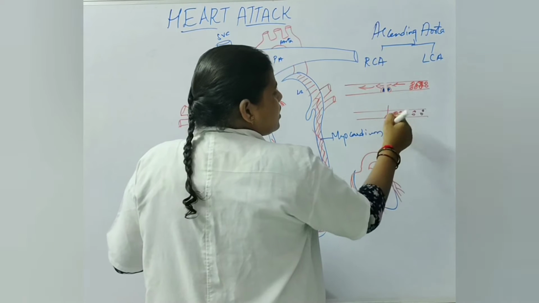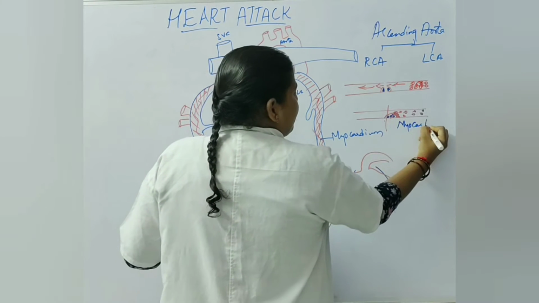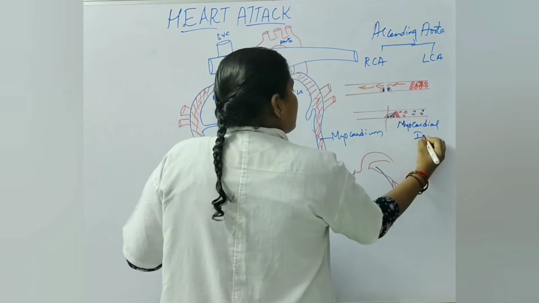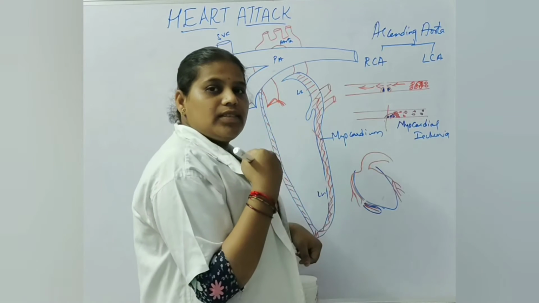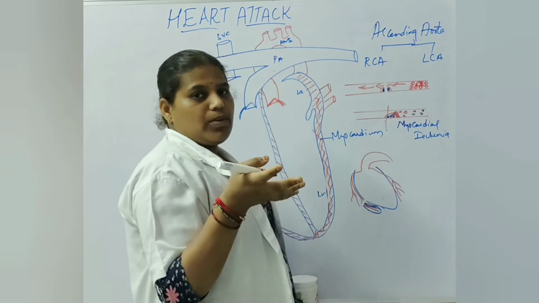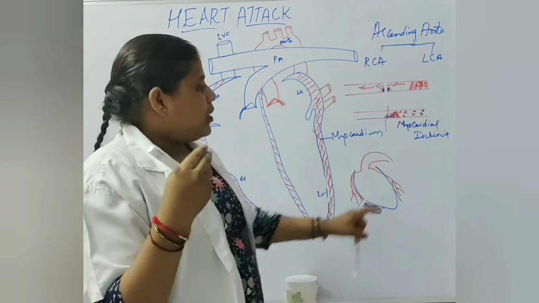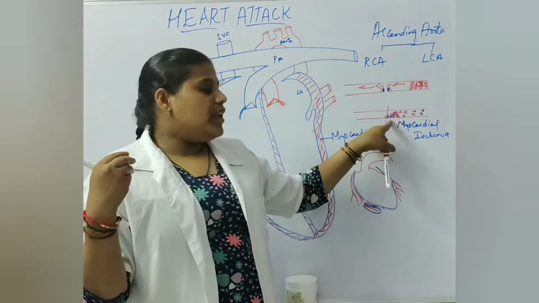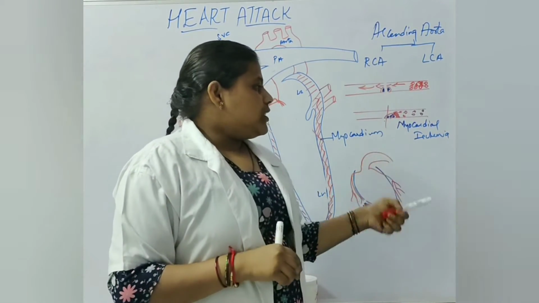So this is myocardial ischemia, where the flow of blood is reduced by the plaque formation and thrombus formation. Thrombus is when the platelets start depositing near the plaque, and they completely block the blood from flowing. This is myocardial ischemia.